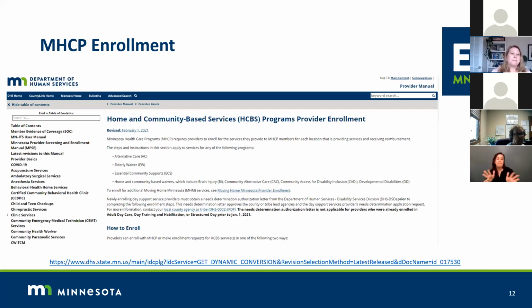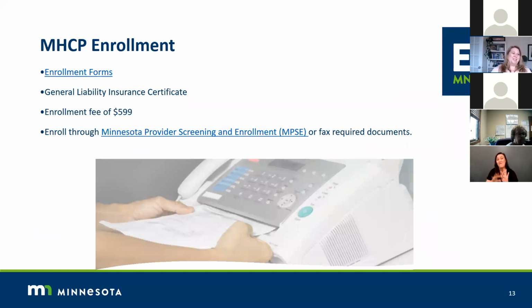So for this part, there are a number of forms that need to be filled out. The enrollment forms are right at this link at the top to click through. And there are 2 options for how you go about doing this.